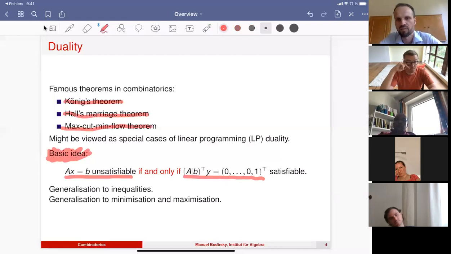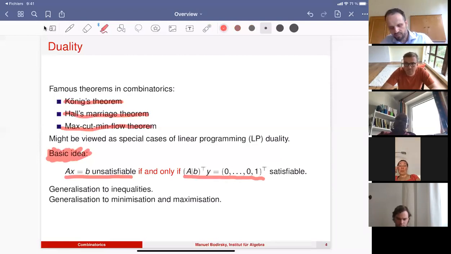So this is one of those dualities. And this can be generalized in two steps. It can be generalized to linear inequalities, so you have a corresponding theorem for linear inequalities. And then in the next step to linear minimization or linear maximization problems. And that's the duality that has so many applications in combinatorics.